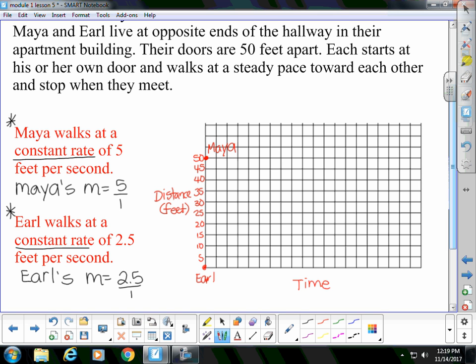Okay, Maya has a slope of 5/1. So that means that we're going to go down 5 and over 1. Since my y-axis is in increments of 5, I'm really only going to go down 1 space because each space counts as 5. So from 50 down to 45, that would be 5. And then over 1, that would be a point. I'm going to keep going down 5/1 until I go across the graph.